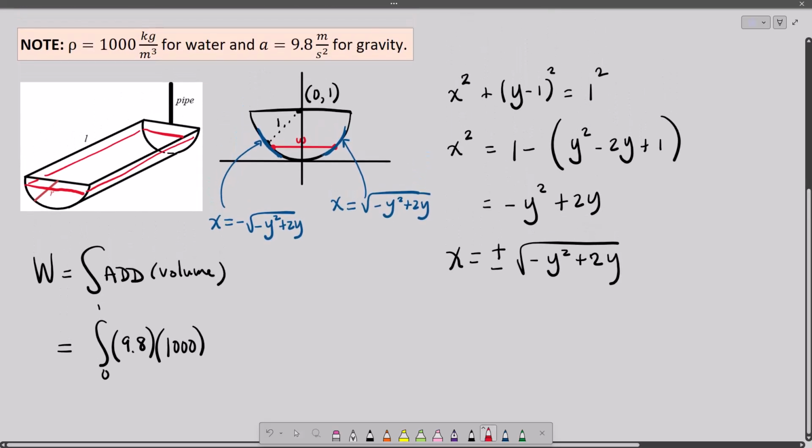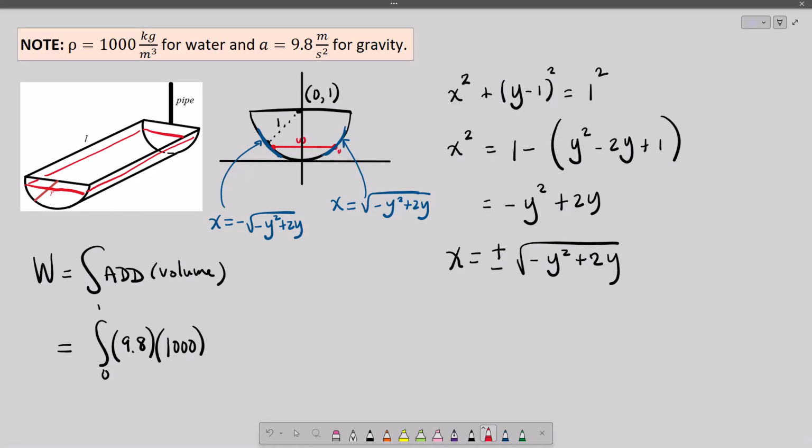So our representative element here is at a random y. The distance it has to travel is right out the top. So what is that distance? 1 minus y. 1 is at the top. Y is a partial distance up that, the complementary distance. Top minus bottom. 1 minus y.